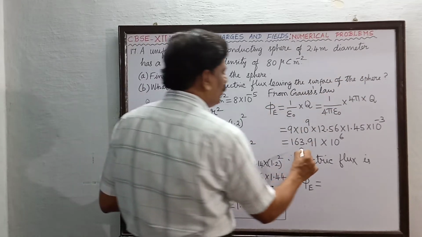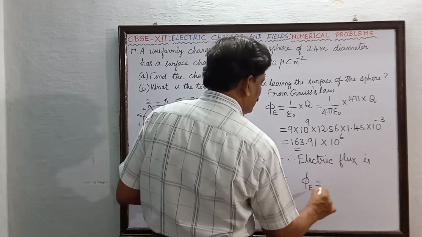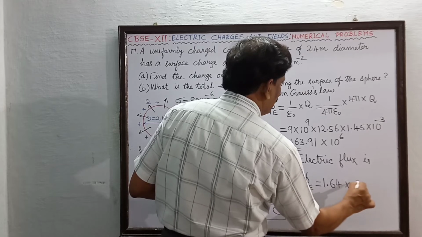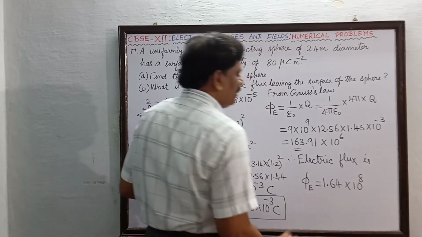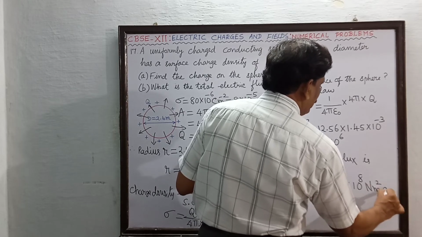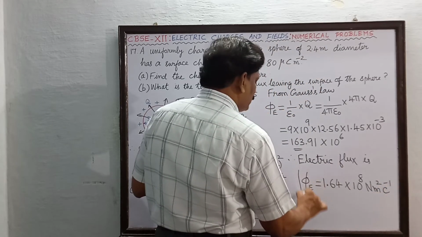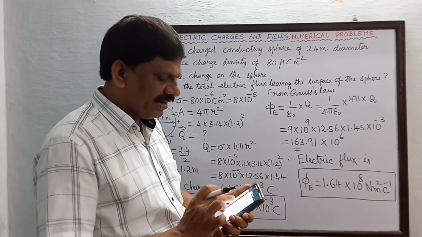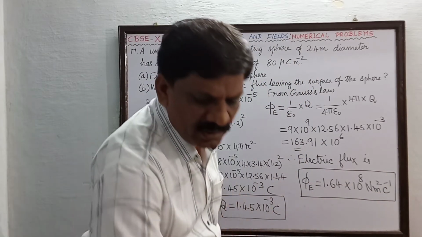Okay, or we can round this off as 1.64 into 10 to the power of 8. So this is Newton meter square per coulomb. So this is the answer for the second part of the problem, the total flux using Gauss law.